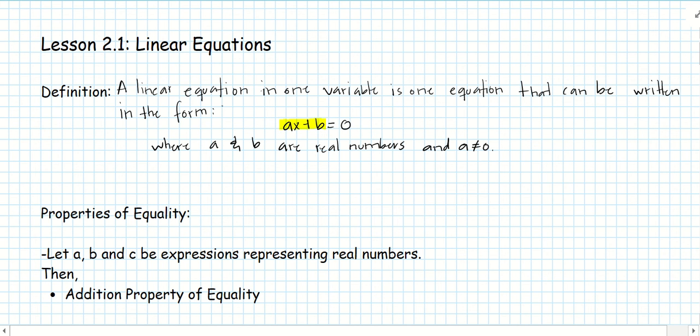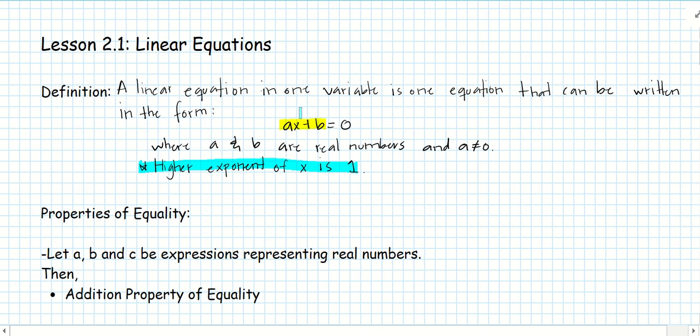Now, something else that we know about linear equations is that the highest exponent of x is 1. Okay, so for linear equations, we're never going to have x with an exponent that is not 1.